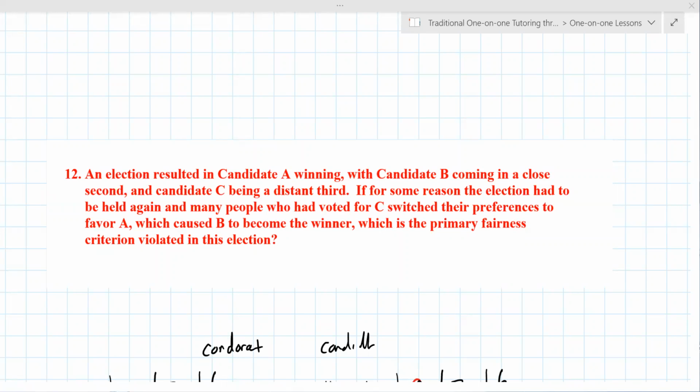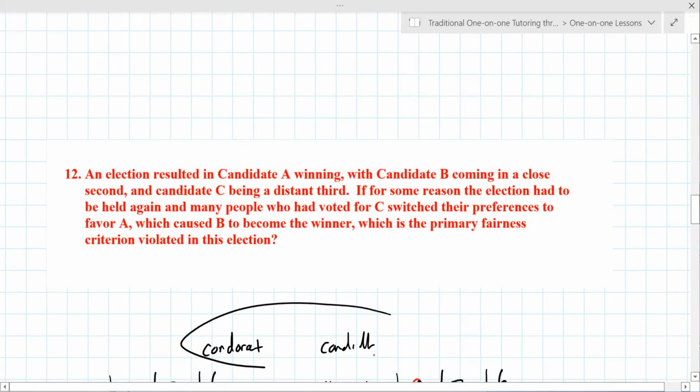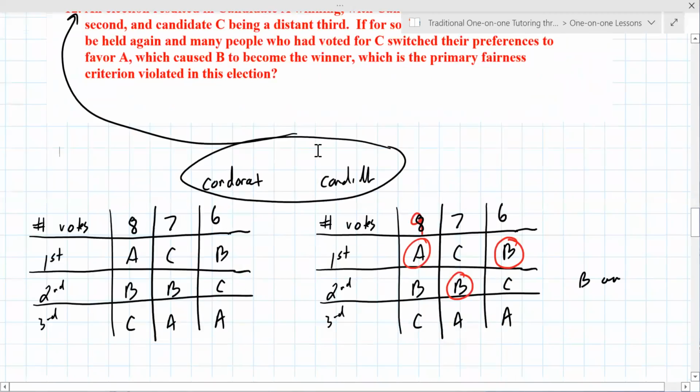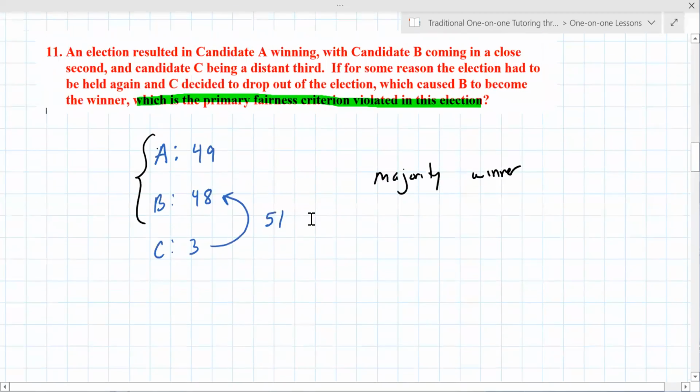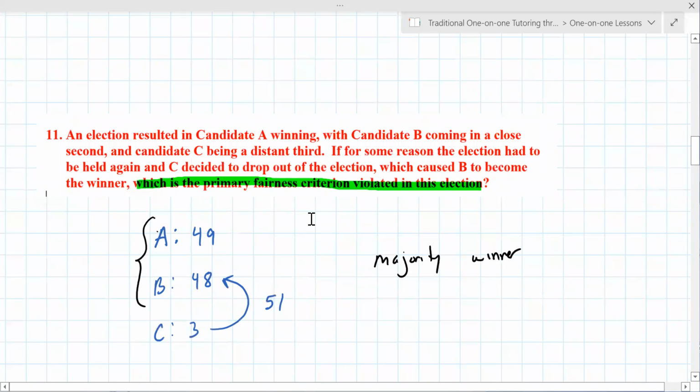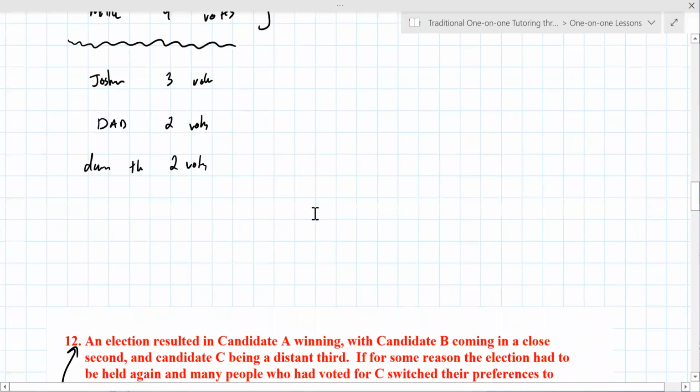So for 12, I'm seeing Condorcet for this one a couple of times, with kind of related questions, but boy, I don't feel great about that.